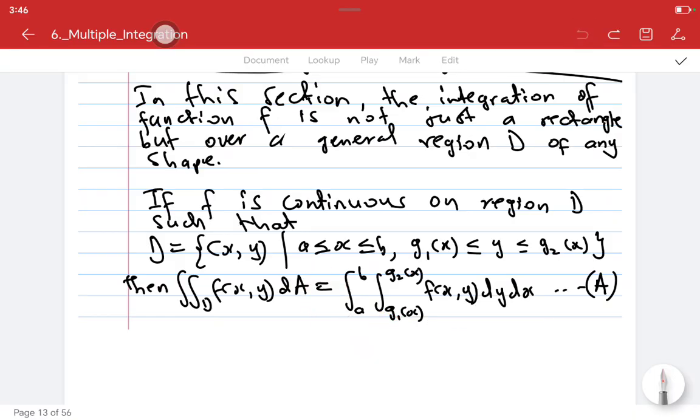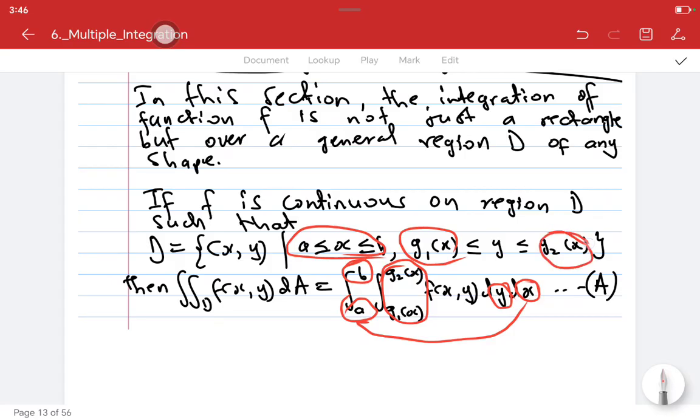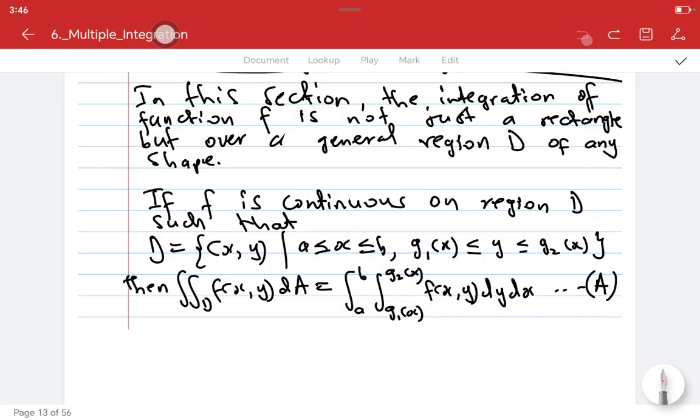We do the same thing: a, b, we check what this is. It's x, it's outside. So we have x between a and b, and the one inside is between y, so we have those endpoints for y. And then that will be our region.